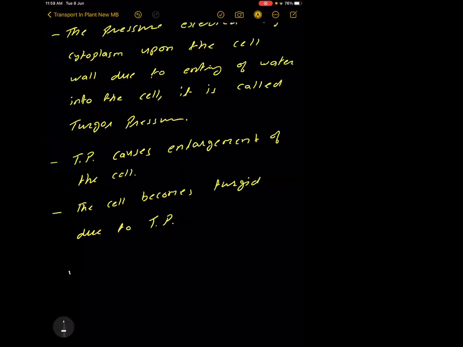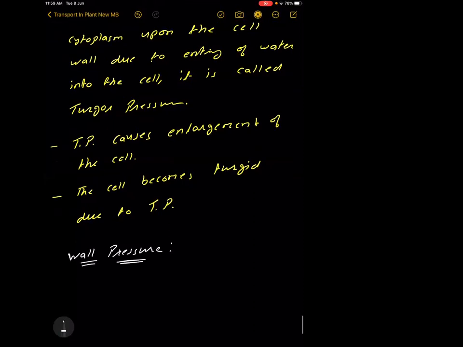Next is wall pressure. So what is wall pressure? In turn, the wall exerts one pressure. It creates one pressure on the cytoplasm.